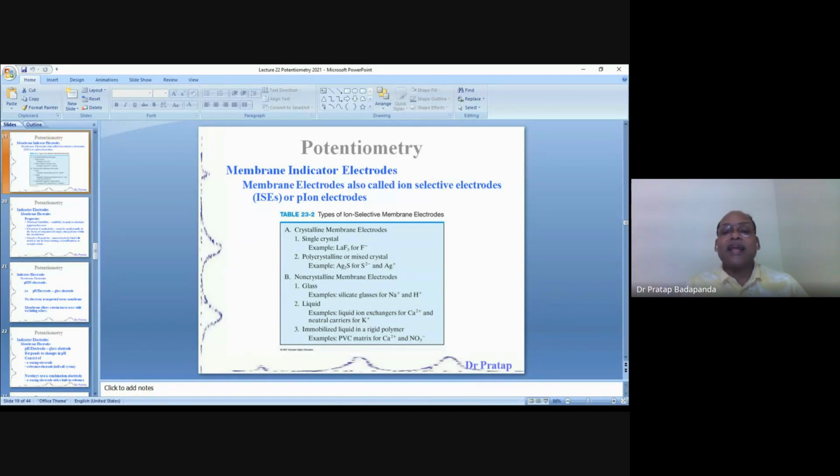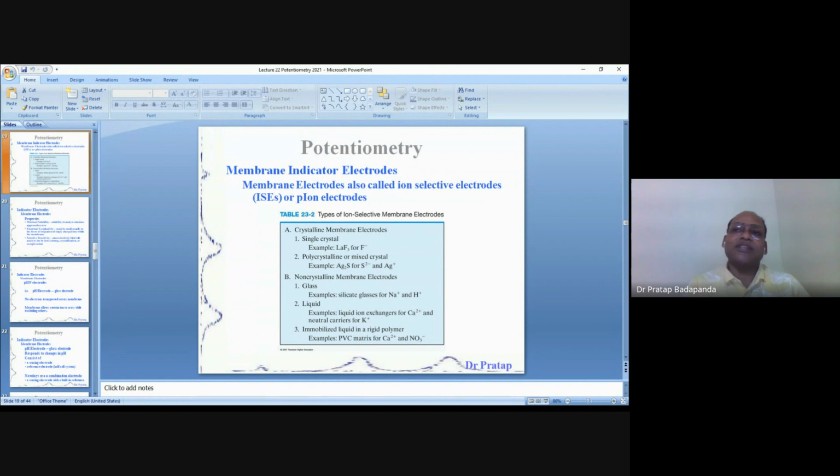So the crystalline membrane electrode, next polycrystalline or mixed crystals. Third is non-crystalline membrane electrodes. Under the crystalline membrane electrodes, one is single crystal. Example, lanthanum trifluoride, for fluoride ion.